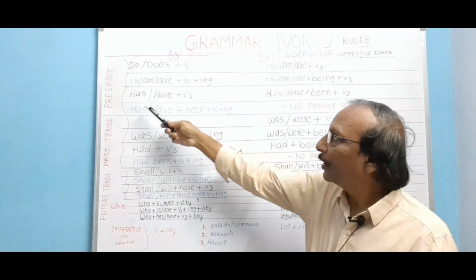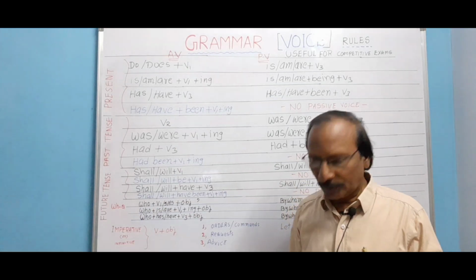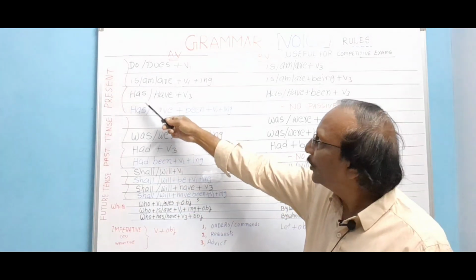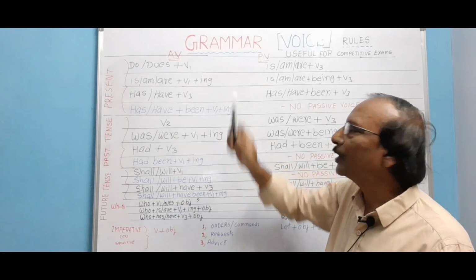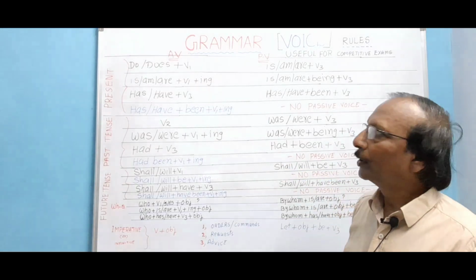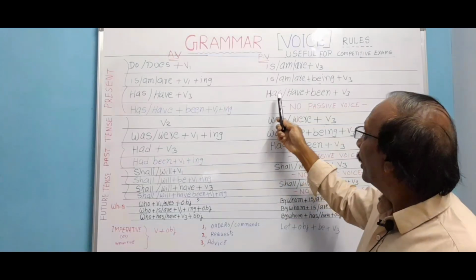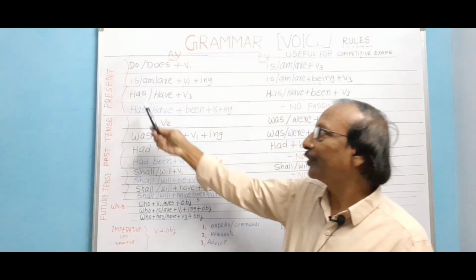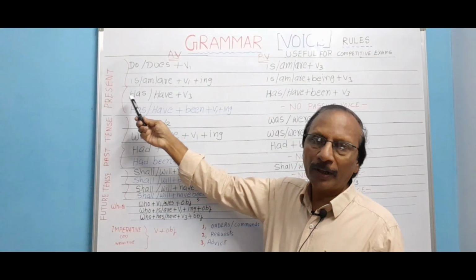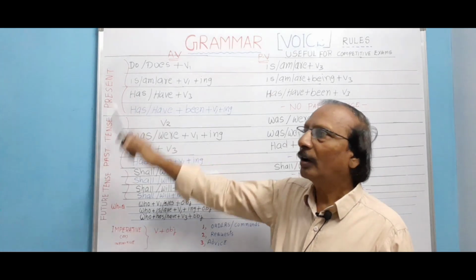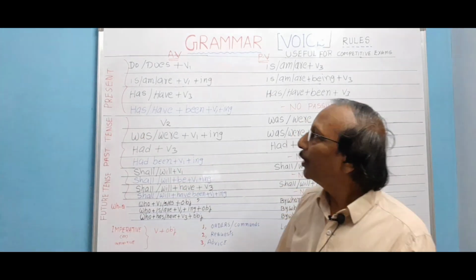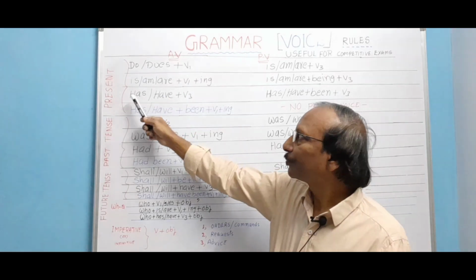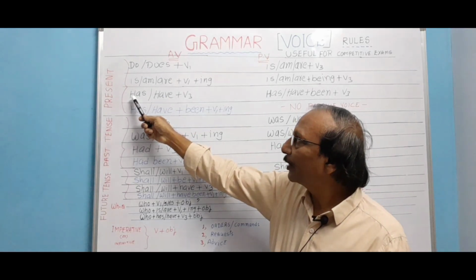Next, let us see present perfect. In present perfect, has or have plus V3 will come in active voice. And then in passive voice, has or have plus been plus V3. How is it? Let us see. For he, she, it, we use has. For example, let us take she.